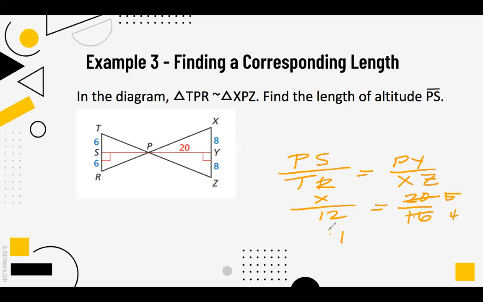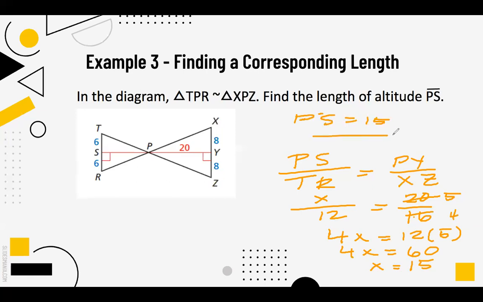So 4 times X is equal to 12 times 5. So 4X is equal to 60. So X is equal to 15. So my length for PS is equal to 15. Questions?